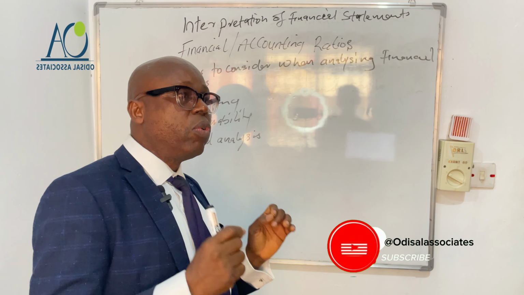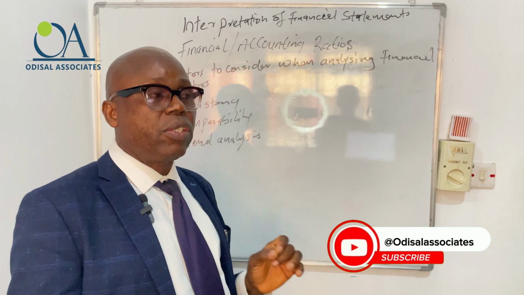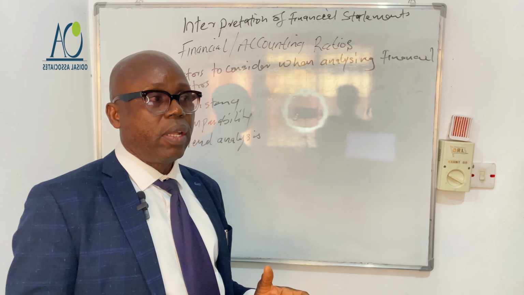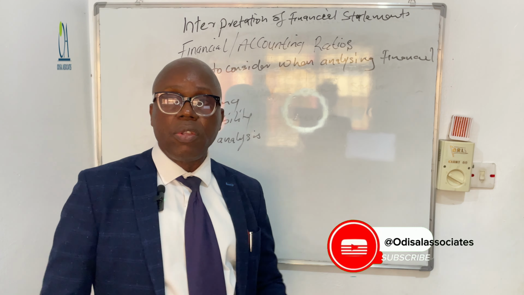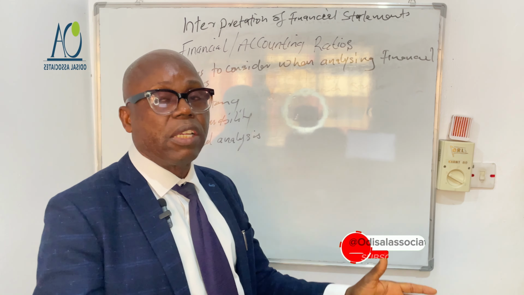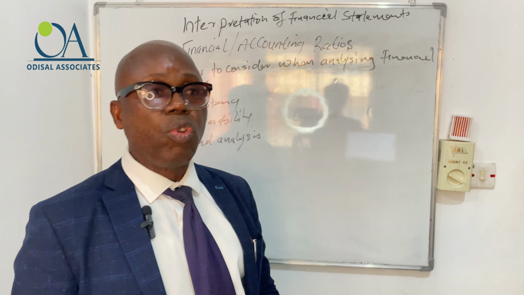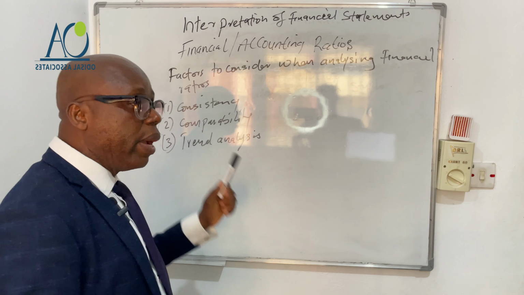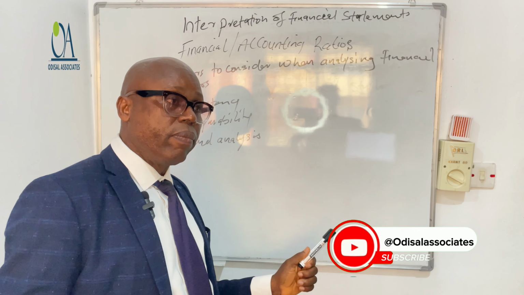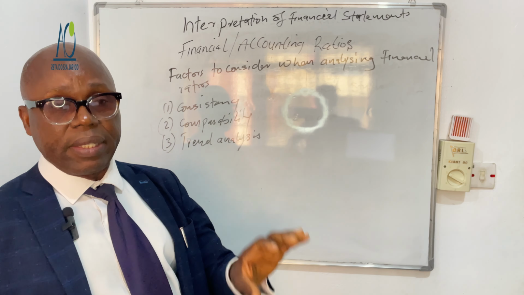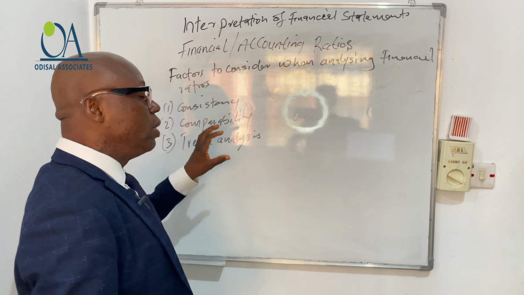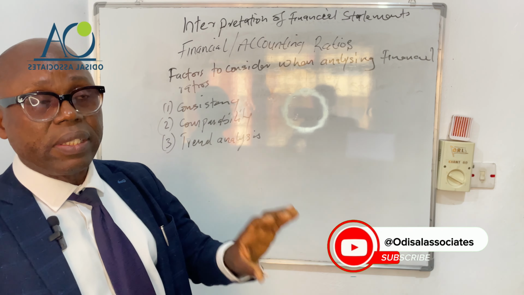Because if you look at some data that somebody brings to you to analyze a particular situation, you find out that you have different data from different websites. So you must know the website that you are getting your data from so that the data you are getting will be the right data. And then the method you are using to analyze the data will be consistent.